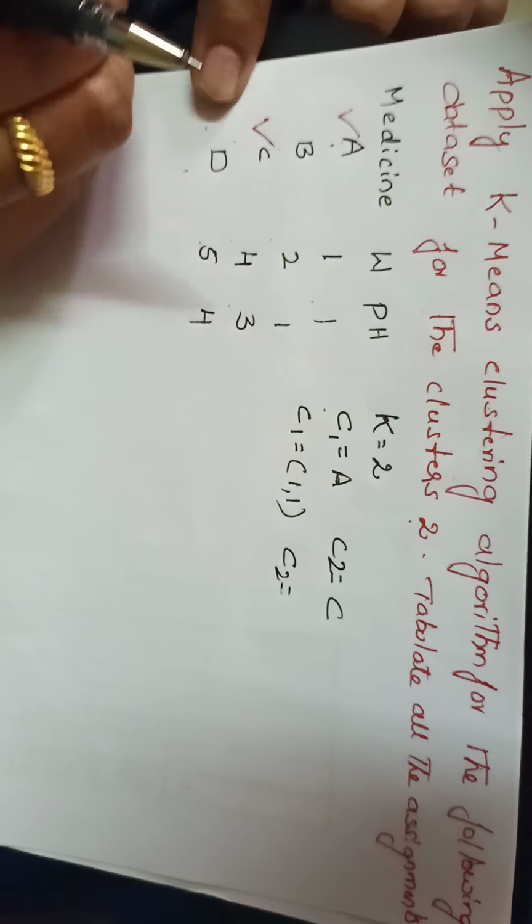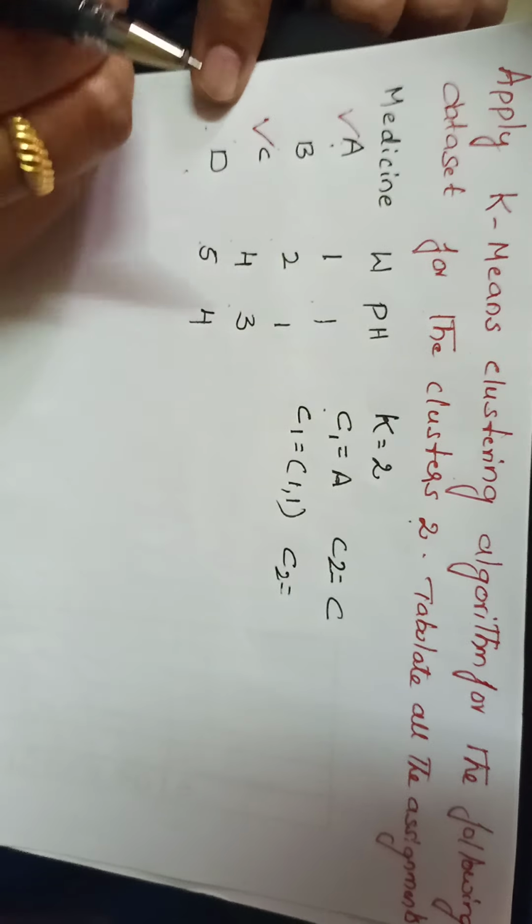Now, how do we find the distance between the clusters? The remaining points are B and D. Which cluster does B belong to? I have to calculate. I have a formula for the Euclidean distance.